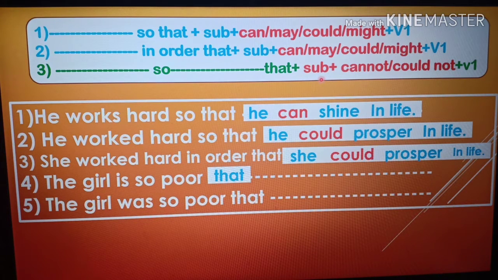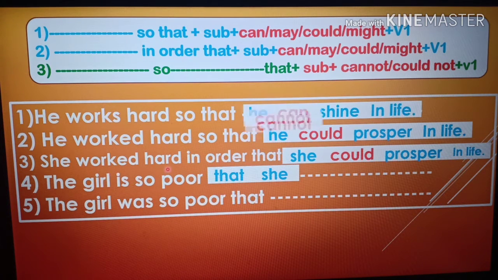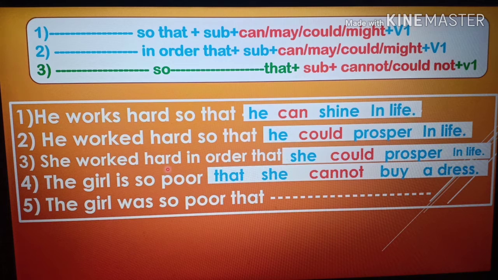So, subject will be pronoun she, as the girl is a female person. And then, we have to use cannot or could not. So, as the verb is in present tense, we have to use cannot. The girl is so poor that she cannot buy a dress.